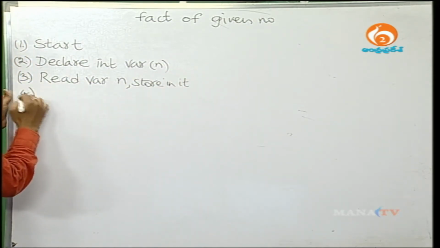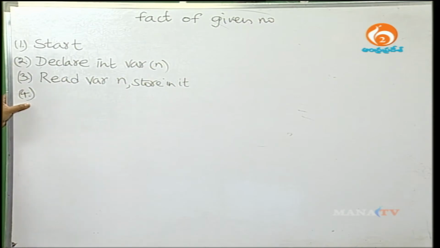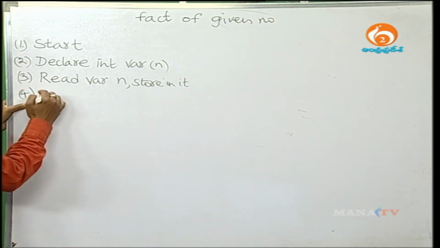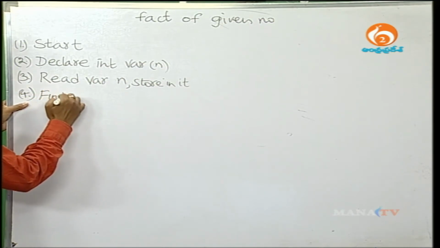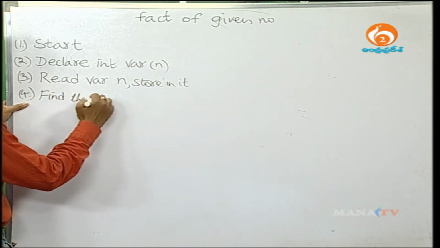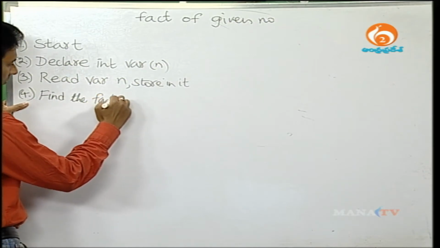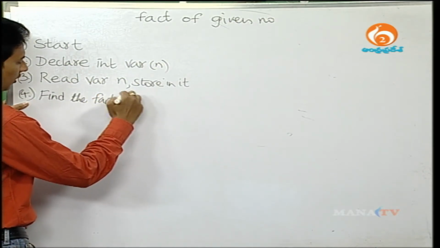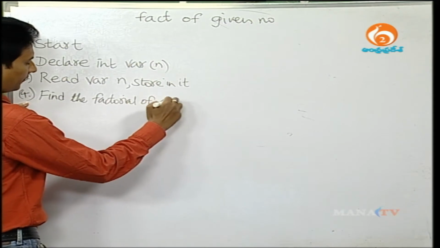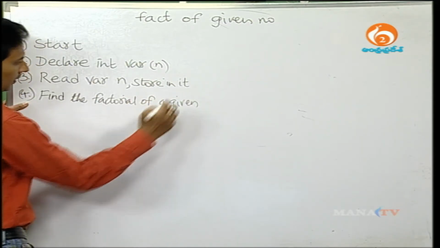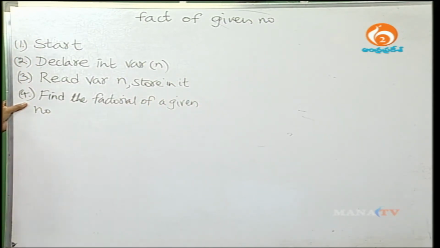Fourth step, find the factorial of a given number. Here only we write the logic.